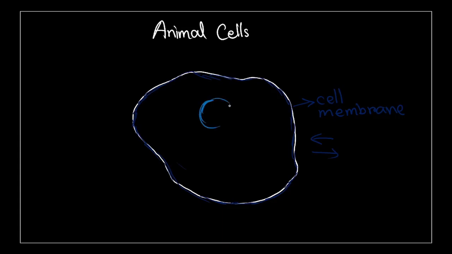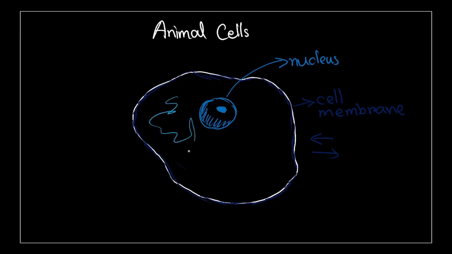So this is the nucleus of the cell. The nucleus of the cell controls what the cell does. It contains the instructions to make new cells.